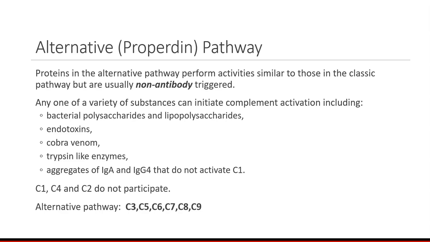Any one of a variety of substances can initiate complement activation in the alternative pathway, including bacterial polysaccharides and lipopolysaccharides, endotoxins, cobra venom, trypsin-like enzymes, aggregates of IgA and IgG4 that do not activate C1. In the alternative pathway, C1, C4, C2 do not participate. It starts at C3 and then goes to completion.